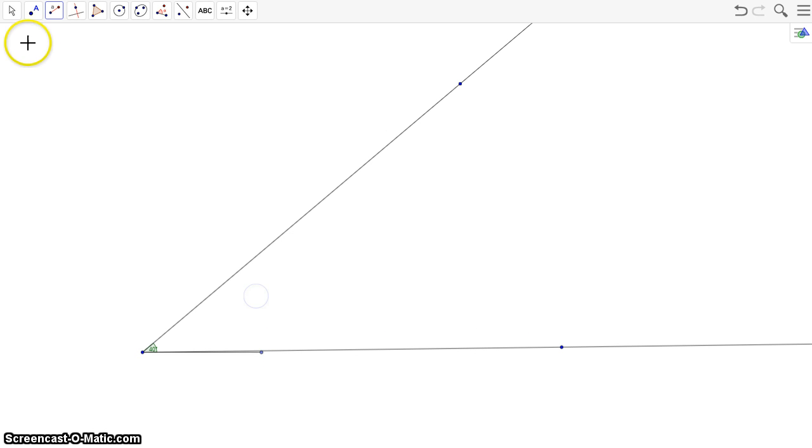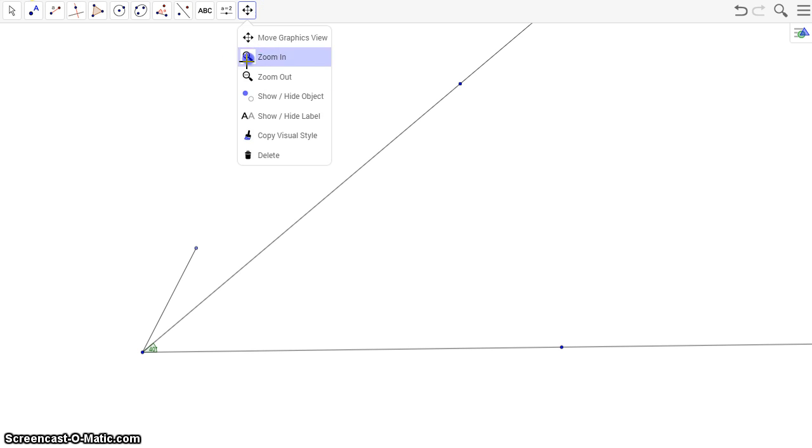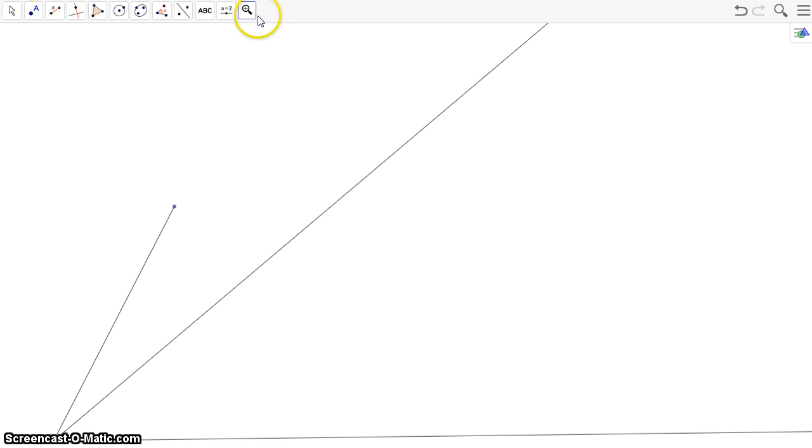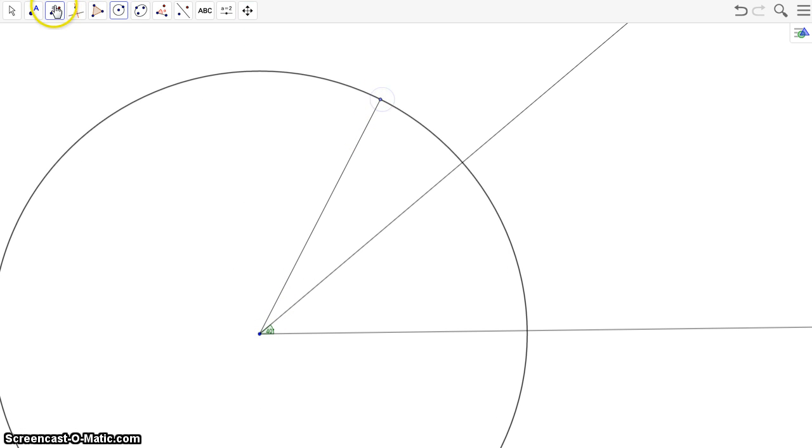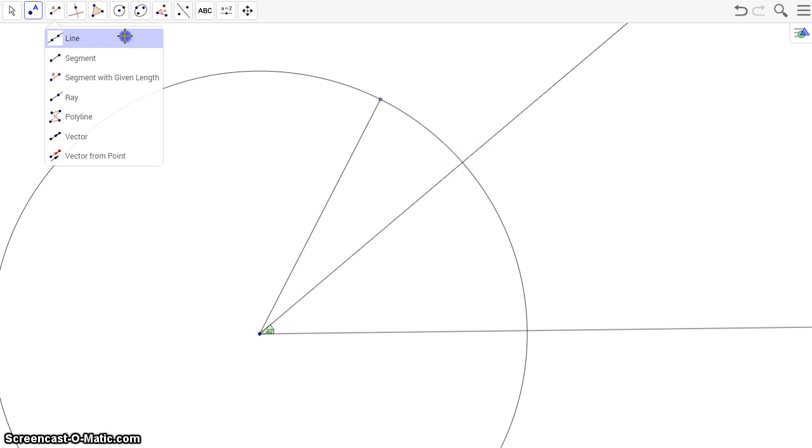And if I move that, I want to hit up here. So to help us, let's just make a circle. Now that circle will be a radius that hits at this point.